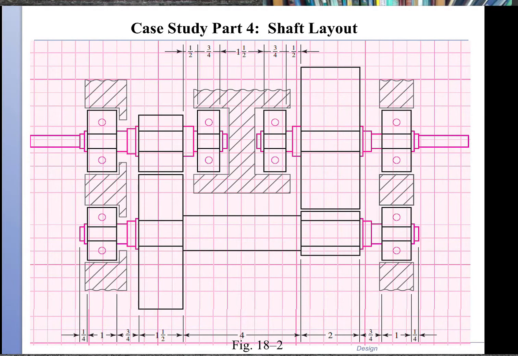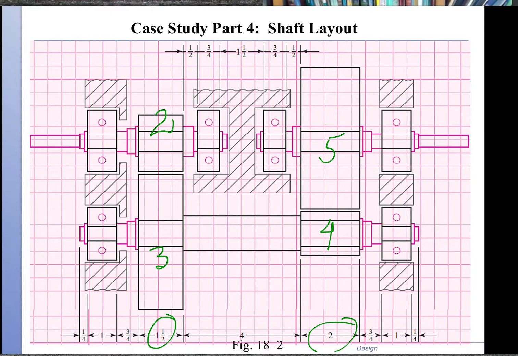So if you look now at the shaft layout, you will see that this is gear 2, and this is gear 3, and this is gear 4, and this is gear 5. So 4 and 5 have 2 inches width, 2 and 3 have a 1.5 inch width.